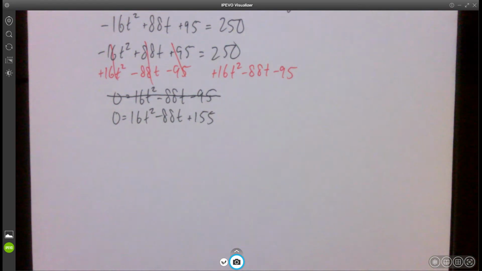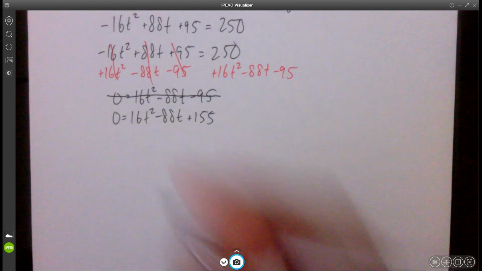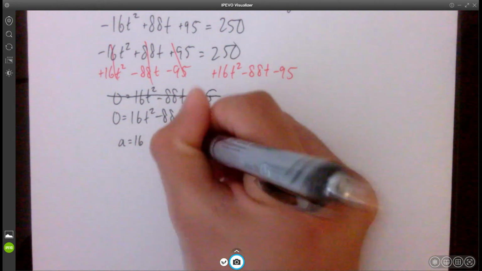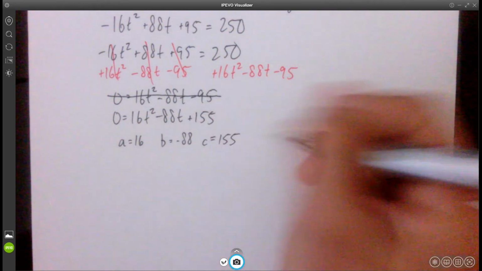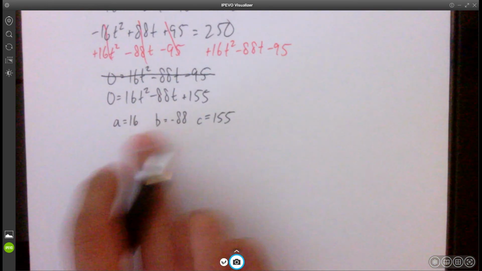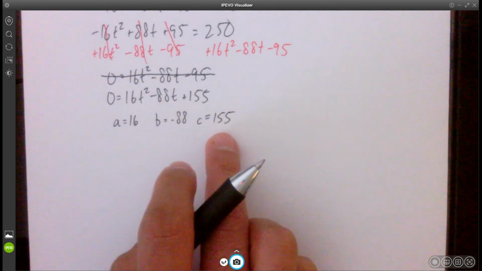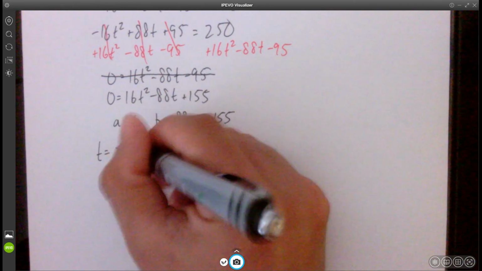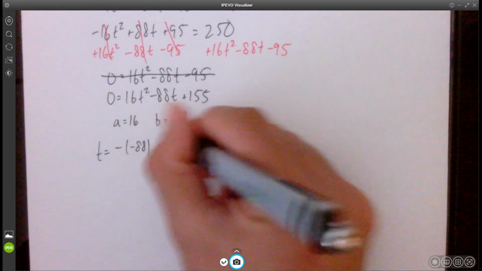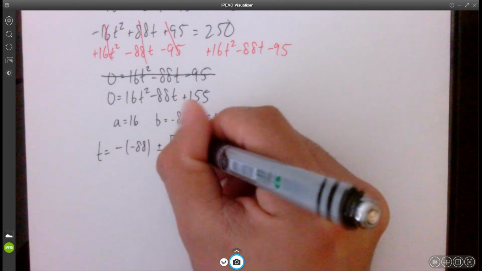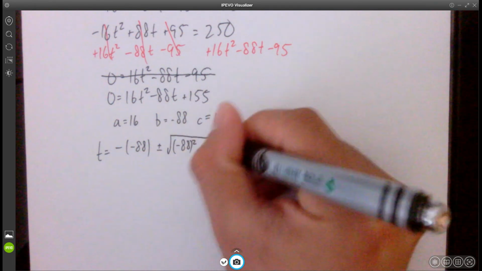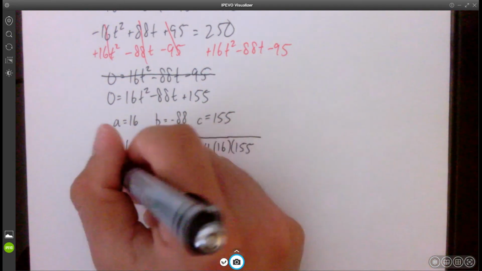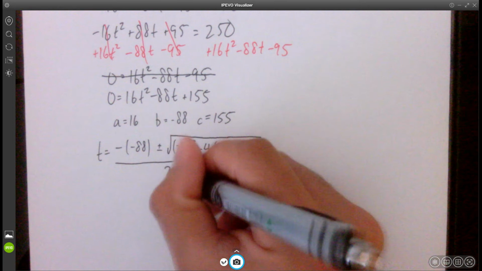So I'm going to use the quadratic formula. A is equal to 16, B is equal to negative 88, and C is equal to 155. t is equal to the opposite of B, which is negative 88, plus or minus the square root of negative 88 squared minus 4 times 16 times 155, all over 2 times 16.